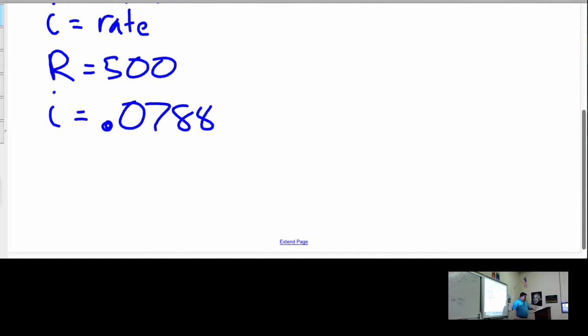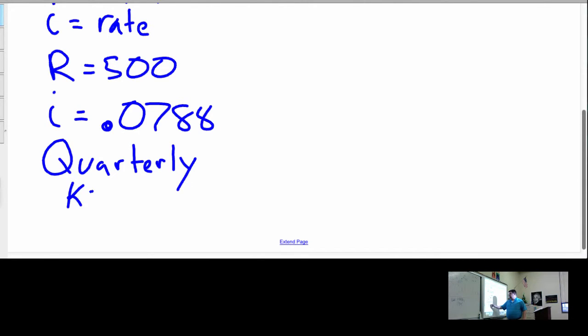And it's compounded quarterly. What does quarterly mean? It's kind of like k equals 4, but the formula doesn't have k in it, so I'll show you how we do that in a second. And then it says over 20 years.